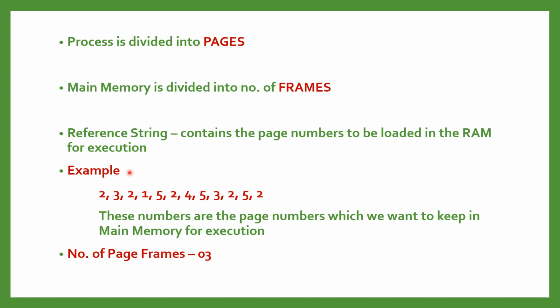Like here in this example, all these numbers are the page numbers which we want to load in the main memory. And the second thing given in the question is the number of page frames. It may be 3, 4 or whatever is given in the question. So these two things are important to solve the question using page replacement algorithms.